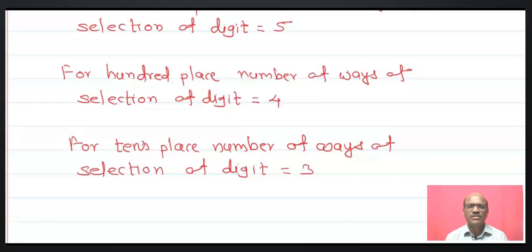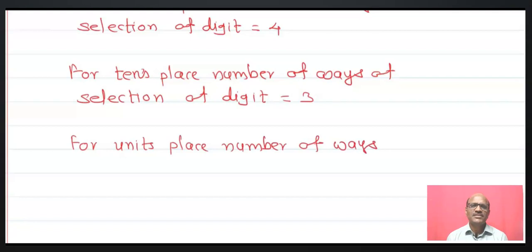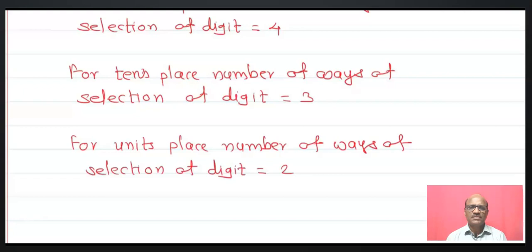And for the unit place, the number of ways of selection is equal to 2.